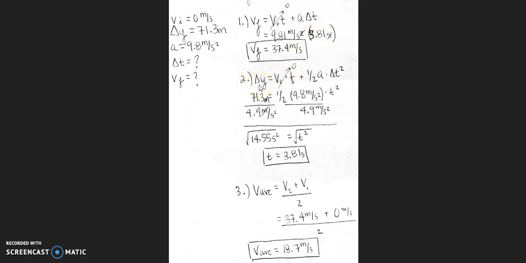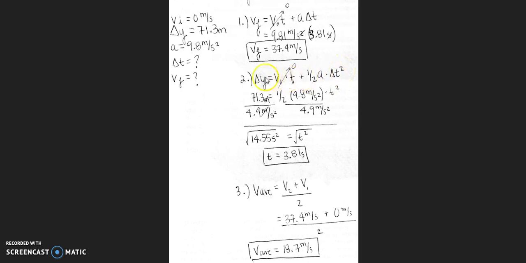To find that, we would use the change in height equation, which is delta y equals v naught t plus 1/2 a times change in time squared. This portion of the equation again goes to 0, so we're just dealing with the 1/2 a t squared equation.